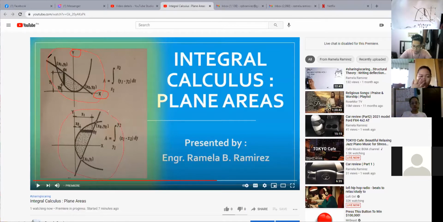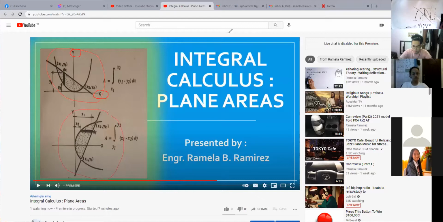And if you are going to draw the figure for the plane area, which is bounded by the curve, this one is the curve that we are talking about. And this one is the curve that we are talking about here. And of course, you have here the line.